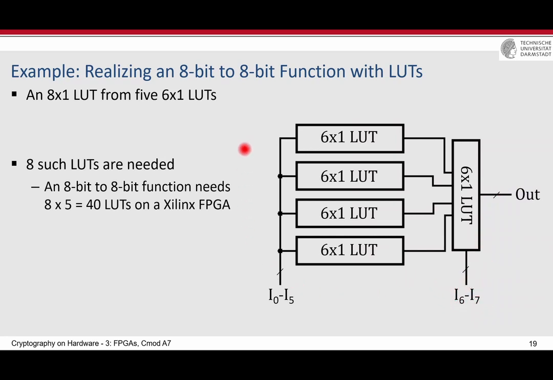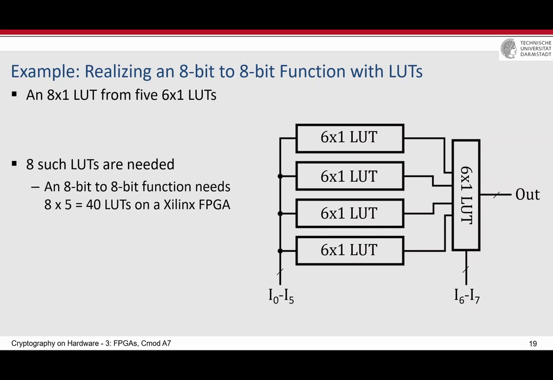And then in total, you need 5 6 to 1 LUTs to realize an 8 by 1 LUT. Then since we need an 8 by 8 function, you need 8 of these constructions. It would be 40 LUTs in total that you need on these Xilinx FPGAs.